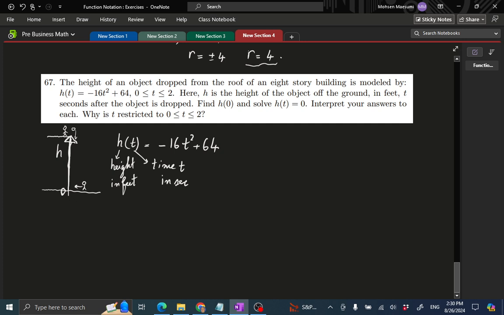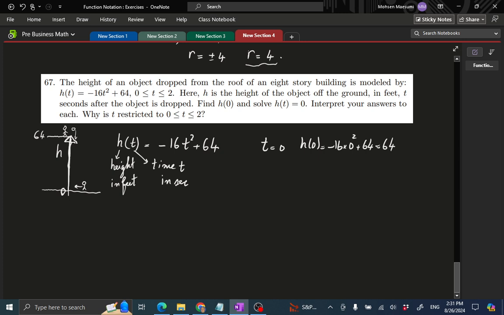So for example, at time t equal to 0, that's probably the beginning of your experiment. That's when you're dropping the water balloon. So h(0) = -16(0)² + 64. Well, that's 64, and that means the 8-story building that you are on is 64 feet tall. That's how high you are above the ground.